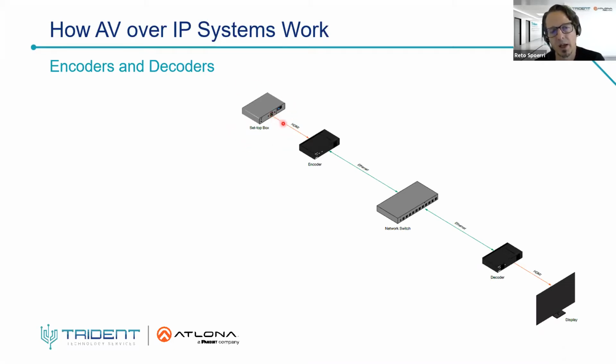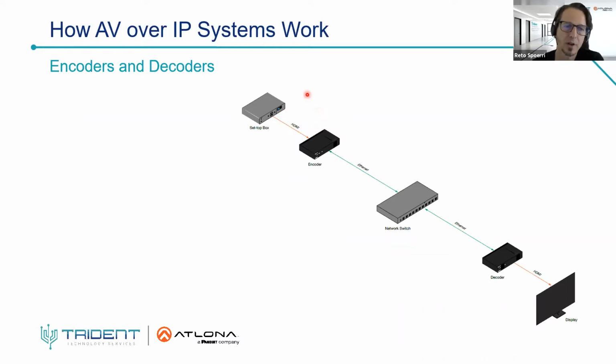Typically, these sources have an HDMI cable. They go into what we call an encoder, because the HDMI signal cannot travel over Ethernet networks. First of all, from the connector point of view, the HDMI has to go into an Ethernet standard, but also the data rate will be too intense.